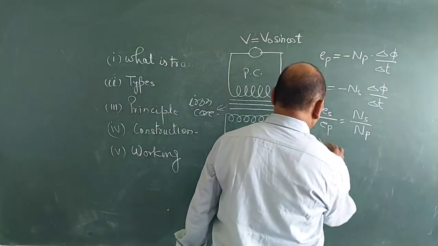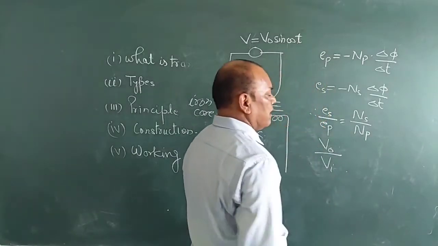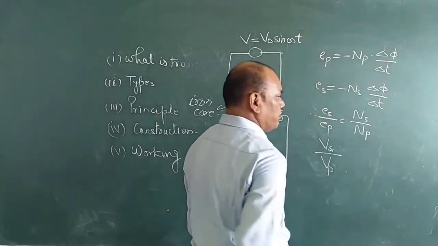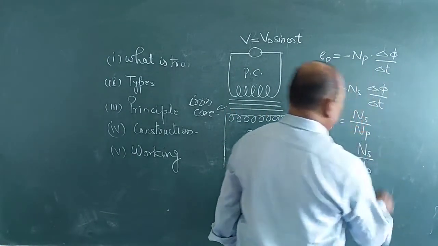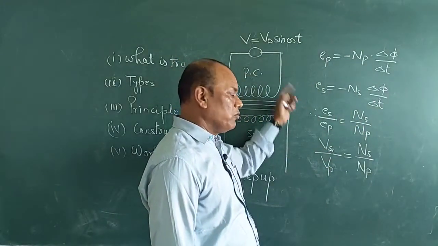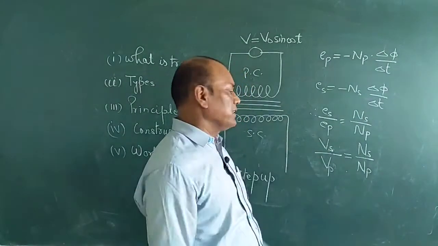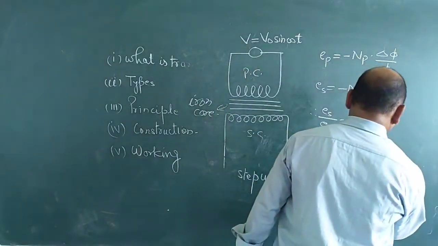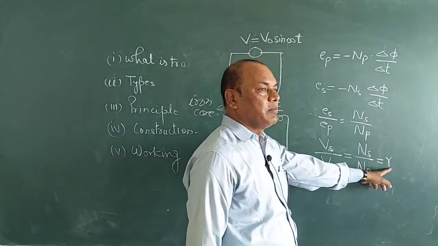So written like this, VO upon VI, it will be written as Vs upon Vp is equal to Ns divided by Np. This Vp is the applied voltage to the primary coil and Vs is the output voltage gained in the secondary coil, equal to Ns upon Np. This is the ratio known as small r, and this small r is called the transformation ratio.